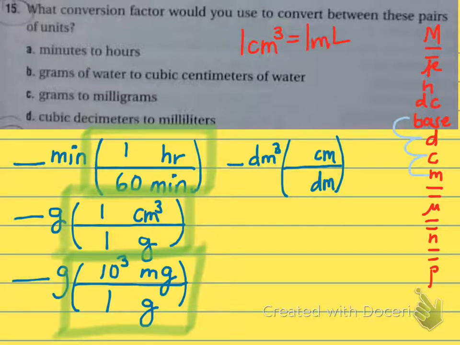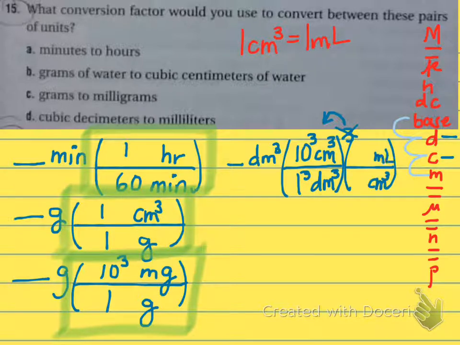Now, I don't really know something about them cubed, but I do know that 1 decimeter is bigger than a centimeter, so I'm going to make it 1, and that there's 10 centimeters. But it needs to be cubed, so I'm going to put this cube out here, and then I'm going to bring that cube inside, so then it becomes cubed, cubed, cubed, cubed, and I can get rid of that cube. Now I can use centimeters cubed to milliliters, and that it's 1 to 1. So again, this is what your answer should look like.